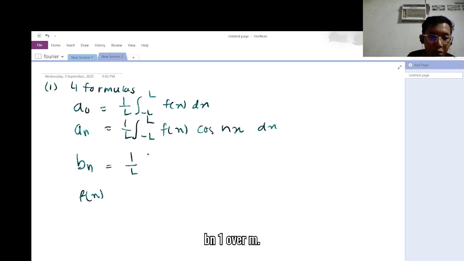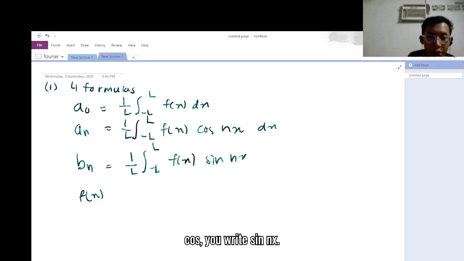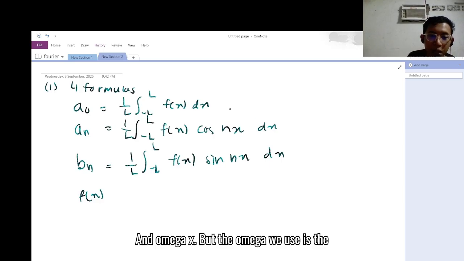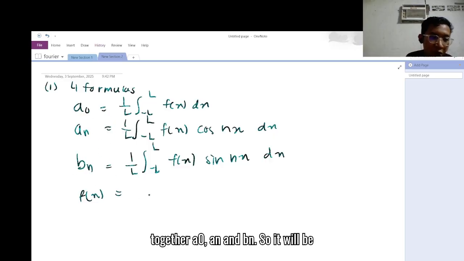Bn is 1 over L. Remember, the front are all the same as A naught, fx, but up until here, instead of cos, you write sine nx, and omega x, but the omega we use is the same throughout our single function. So fx is the one that binds all together A naught, an, and bn.